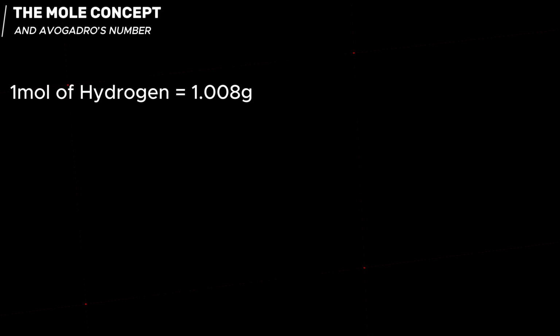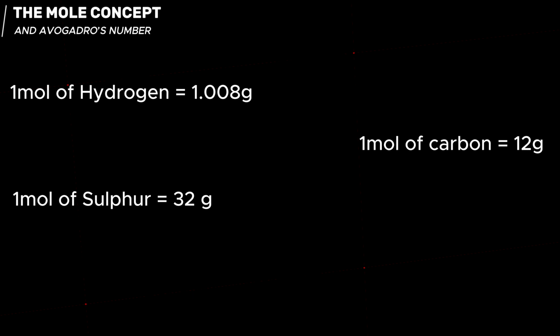So also 1 mole of hydrogen has a mass of 1 gram, 1 mole of carbon will have a mass of 12 grams. 1 mole of sulfur will have a mass of 32 grams. And 1 mole of silver will have a mass of 108 grams. Different masses, yet 1 mole, and they contain the same number of particles.